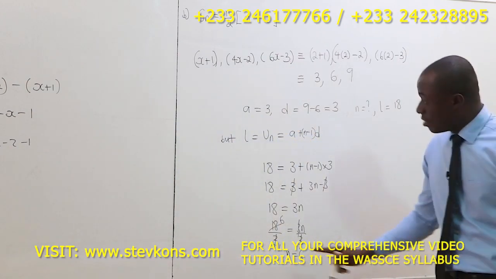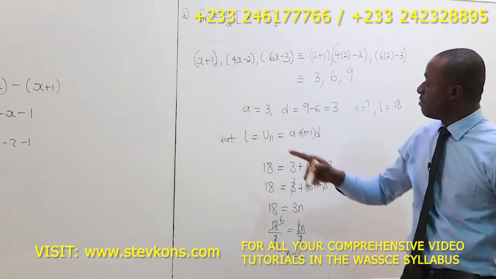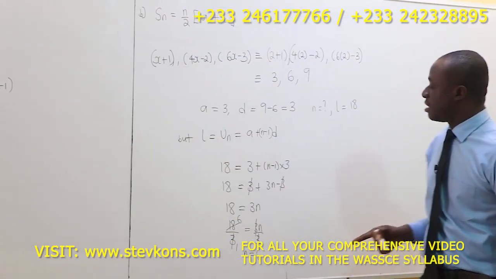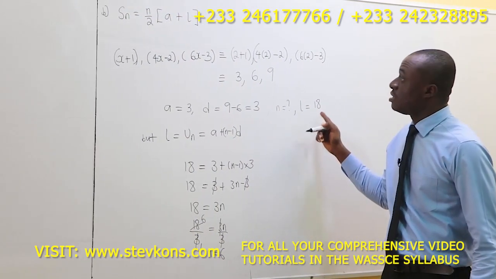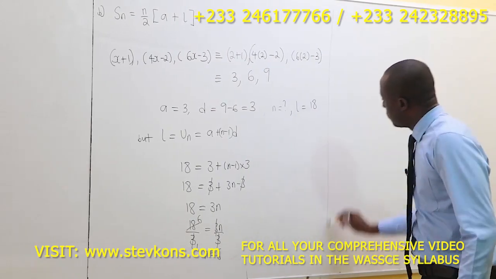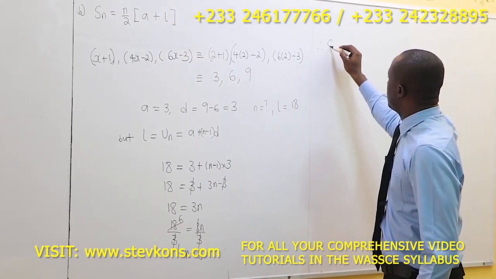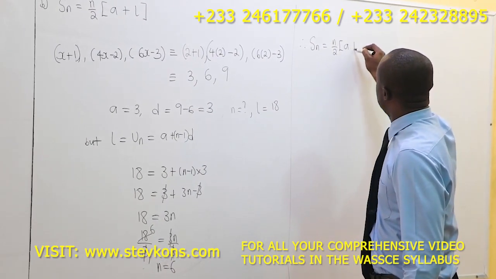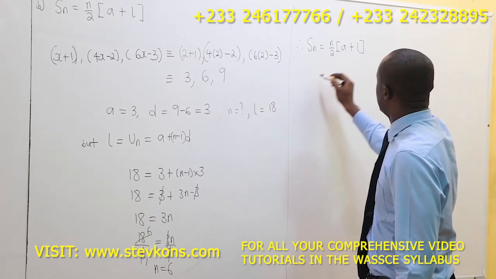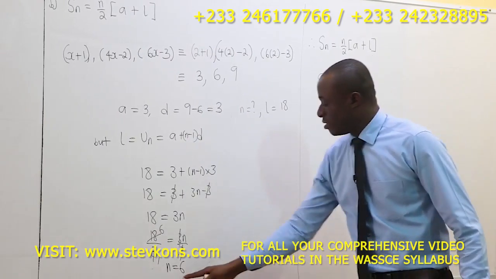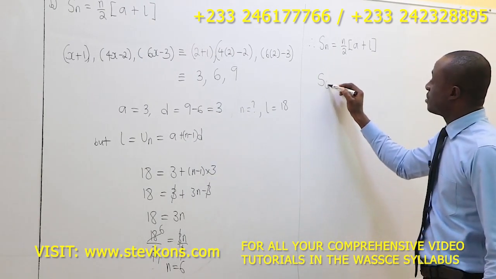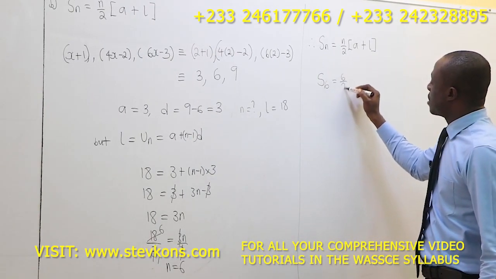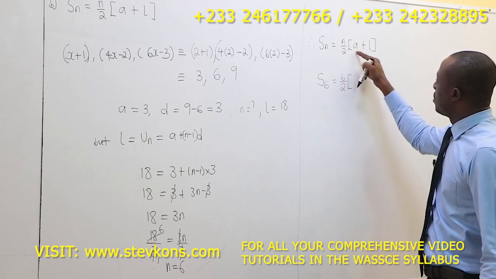So we know our n. We know our first term, a is 3. Our last term is 18. Hence our sum, we know that Sn is n out of 2a plus l. We know our n now is 6. So in place of n, 6 out of 2a plus l.